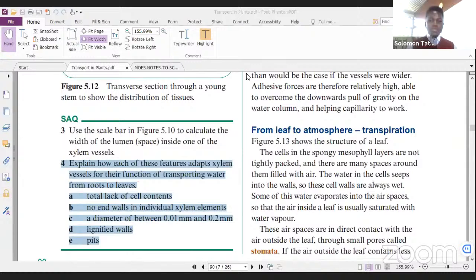Okay, diffusion of sucrose. We are talking about the xylem, Keton. So make sure you know that we are concentrating on the xylem, mineral salts and water only.